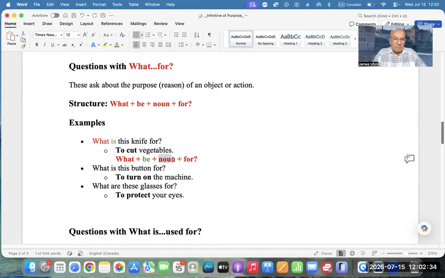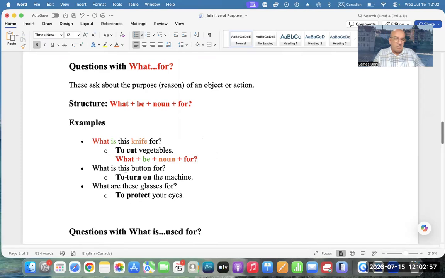Plus noun, we can make it orange. But what is this? This is a linking word, or this is a demonstrative pronoun.